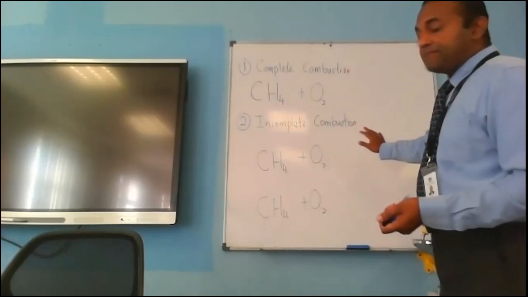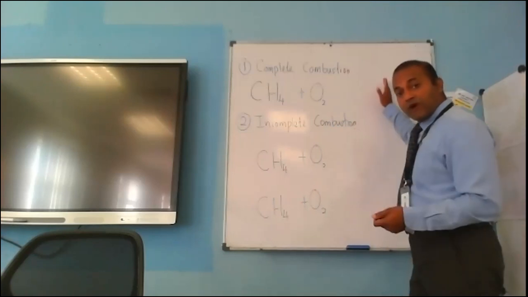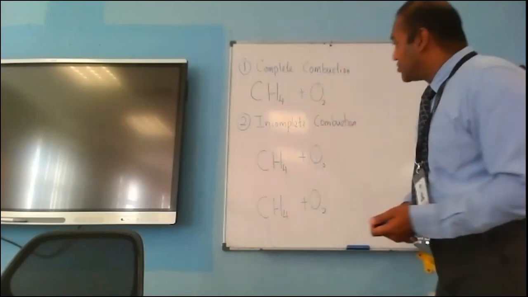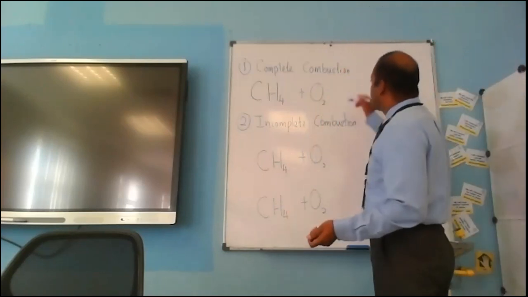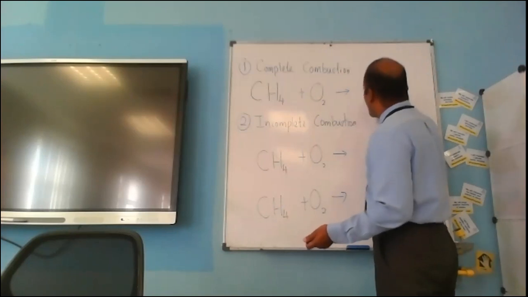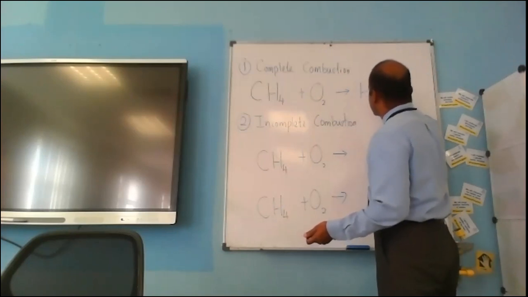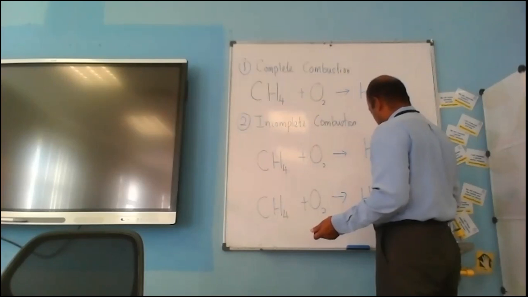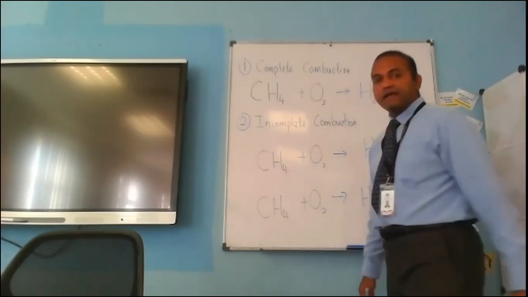Okay, so the difference is here. In both of them, we have one product that is the same. We have another product that is different. So the same product is water. Okay.